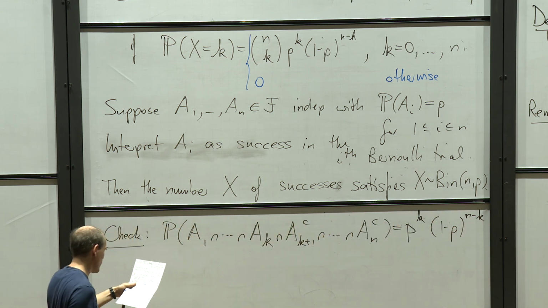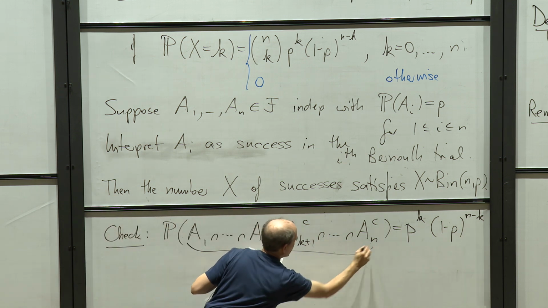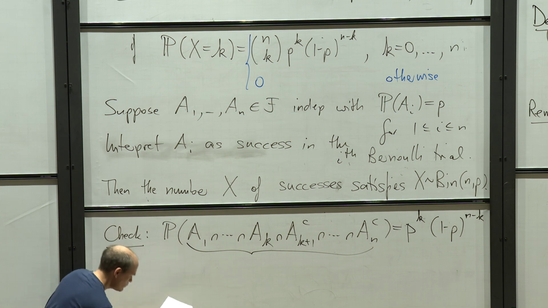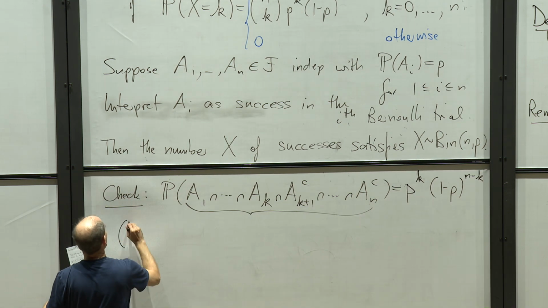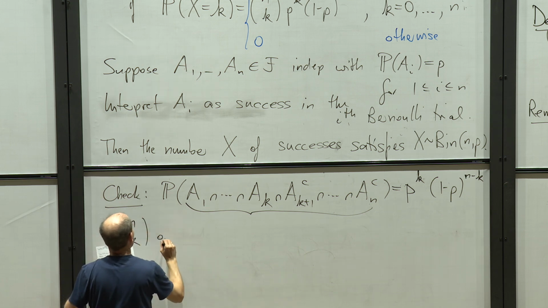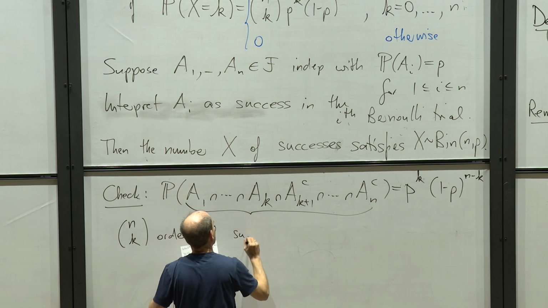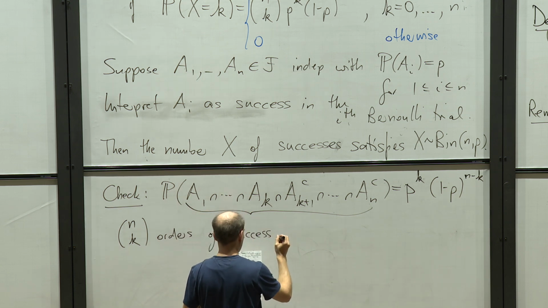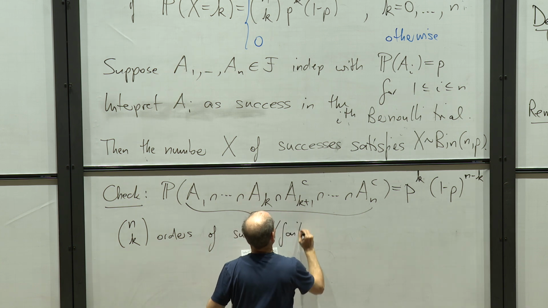That gives us the kind of event that contributes to seeing a total of k successes. But there are n choose k orders of successes and failures, because they don't have to be successes first, failures afterwards.